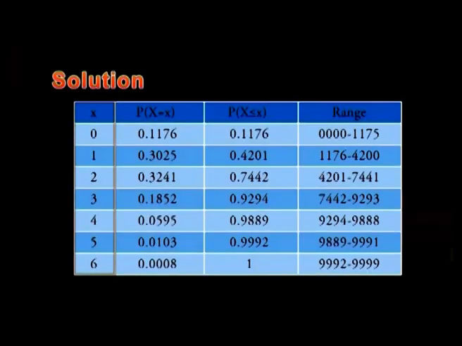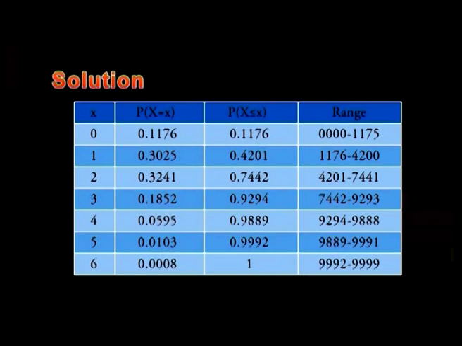Before we simulate the random observations, first we find the following table. Here x takes values 0, 1, 2, etc. to 6. By substituting the values of x in P of x, we can find the second column, P of x is equal to x.